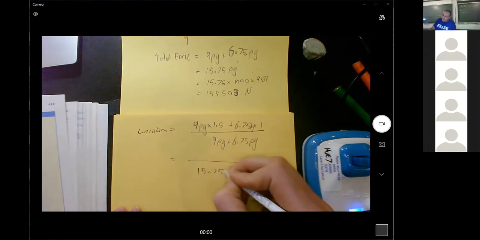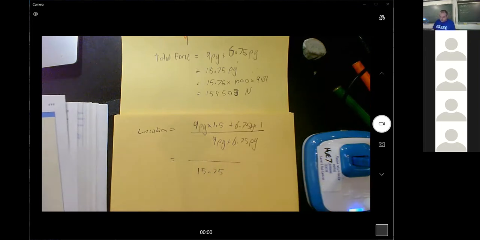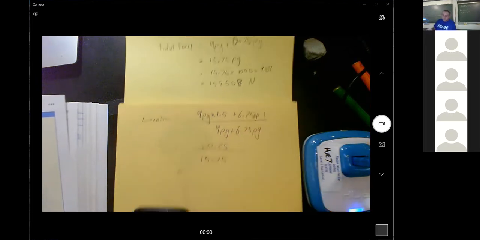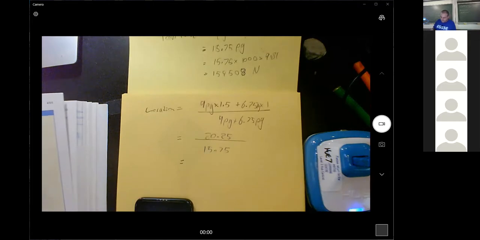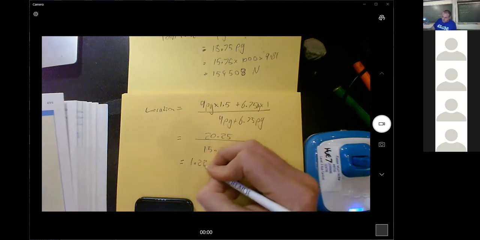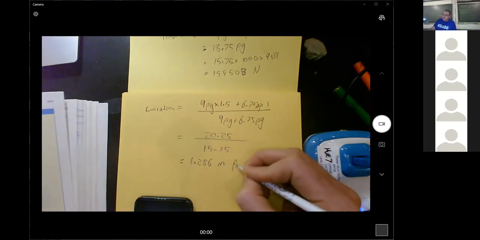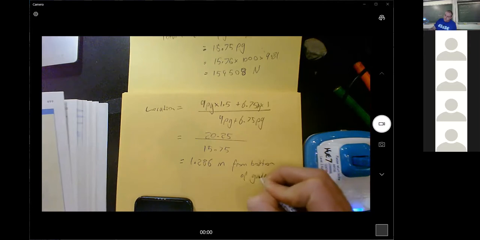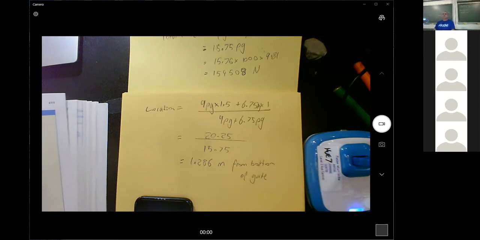It was 15.75. That many meters from the bottom of the gate.